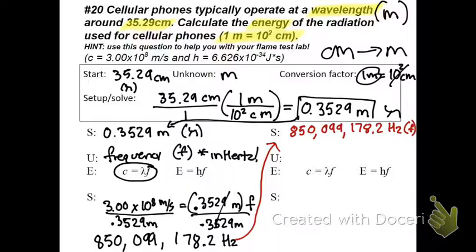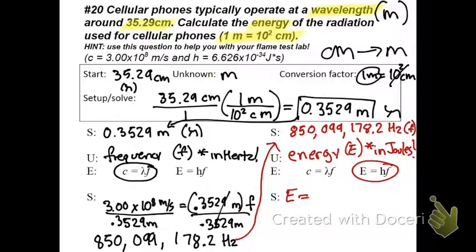Our unknown this time is energy. So we're going to be using the energy formula this time. Plug in what we know. We don't know energy. Oh, also, remember, energy, that's the capital E, is measured in joules. Don't forget.